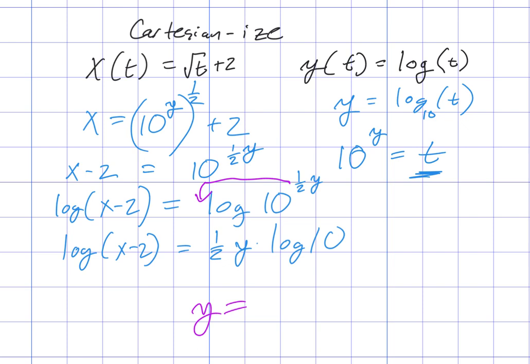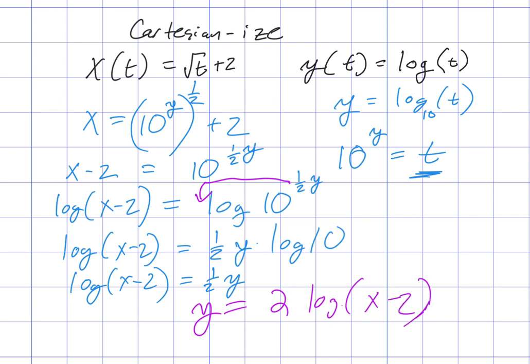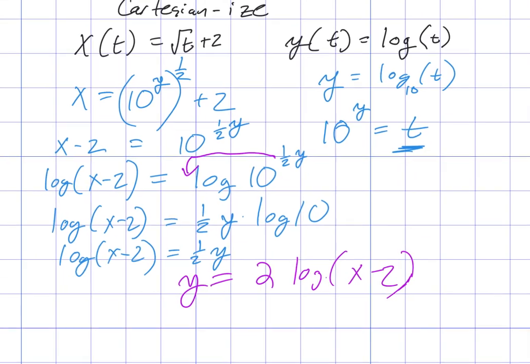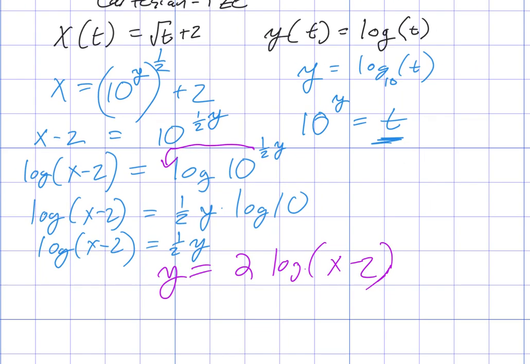So this is 1. I'm left with 1/2 y equals log of x minus 2. Multiply by 2. Y equals 2 log of x minus 2, which we had on the other slide, which could also be rewritten as y equals log of x minus 2 squared.